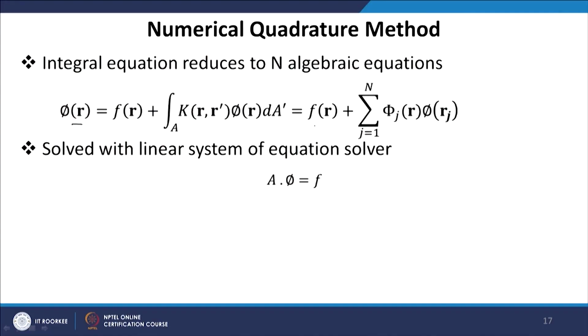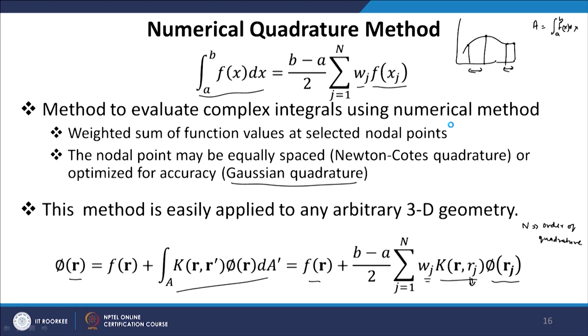Now, we can write this as phi(r) is equal to f(r) plus the summation over capital Phi_j(r) and then small phi(r_j). We have defined this term, including the (b minus a)/2, as capital Phi.